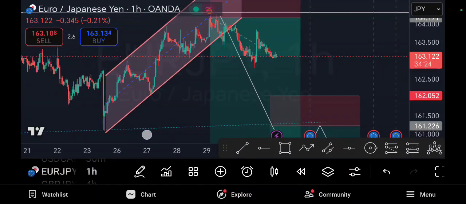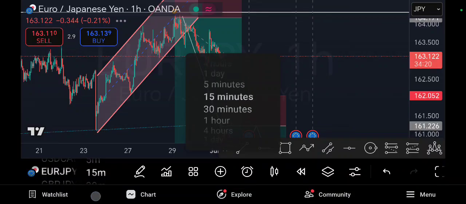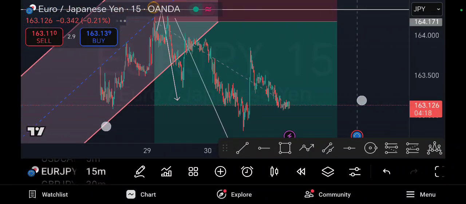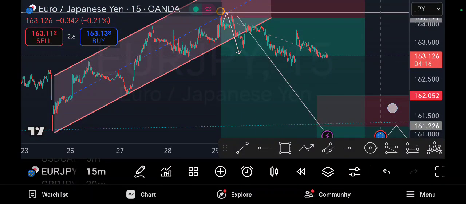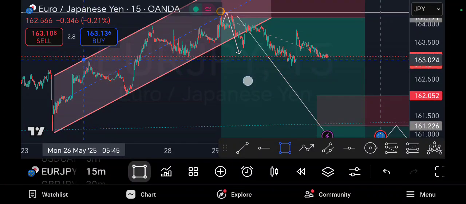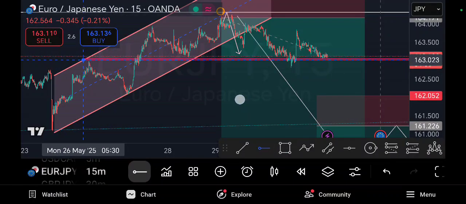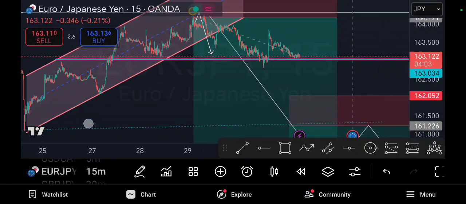Let's just check and see what we can find on the Euro JPY. Okay, maybe we can mark out this area. Let's just check this area here.